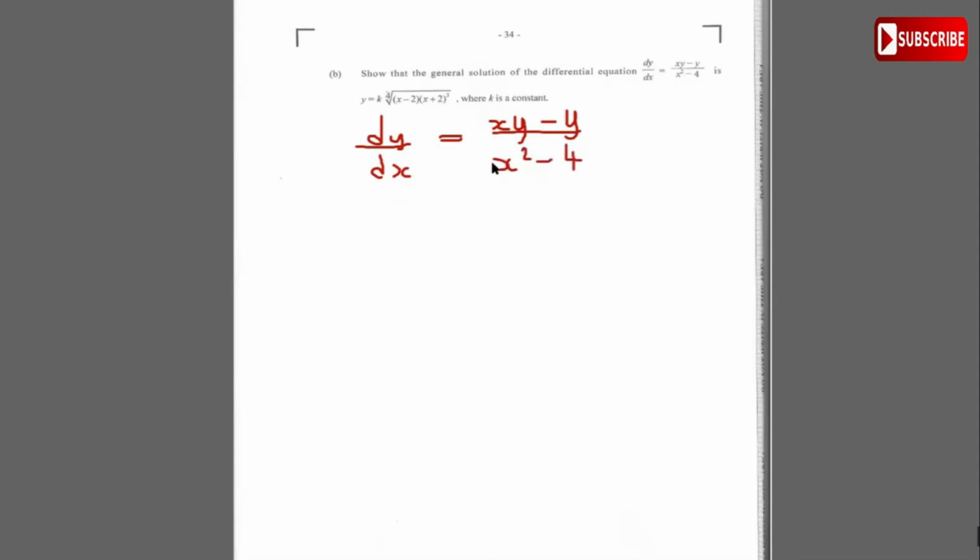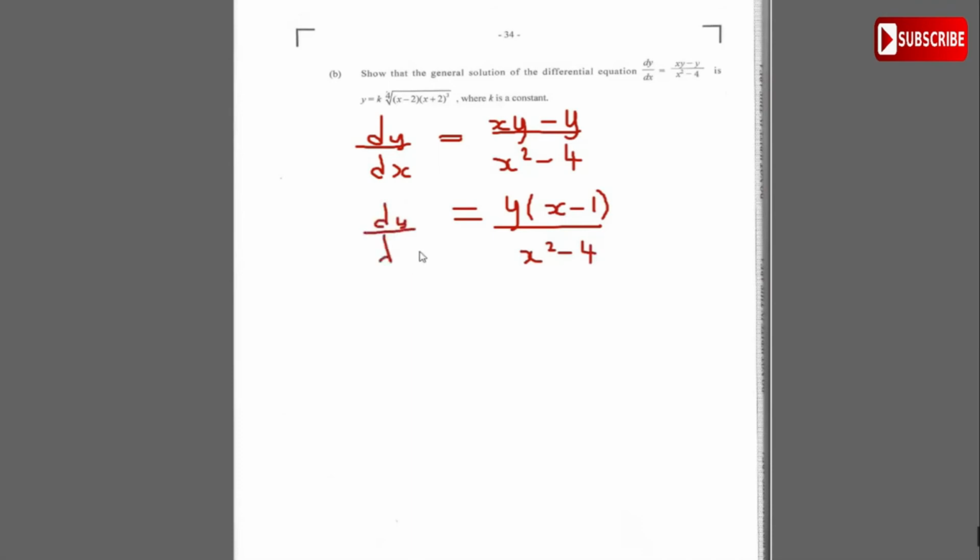Nice. So let's cross multiply. Well, not cross multiply yet. Let's factor out y, and what we're left with is x minus 1 over x squared minus 4, and that is now dy by dx.